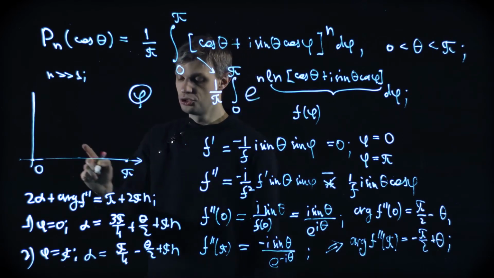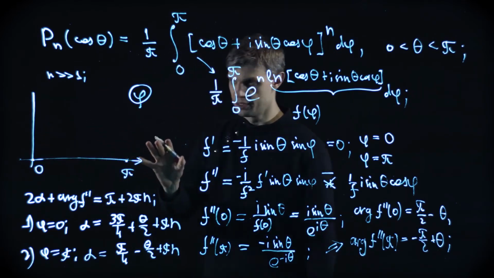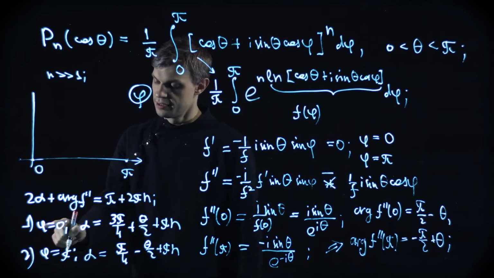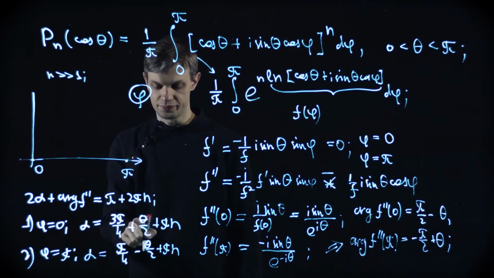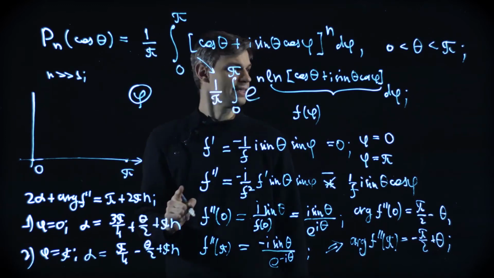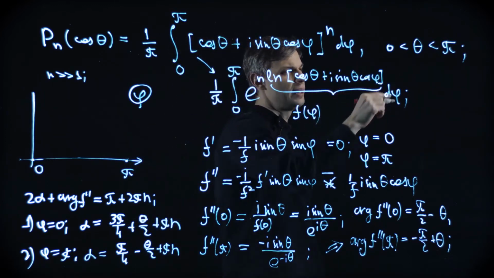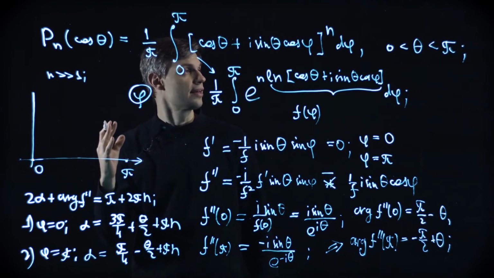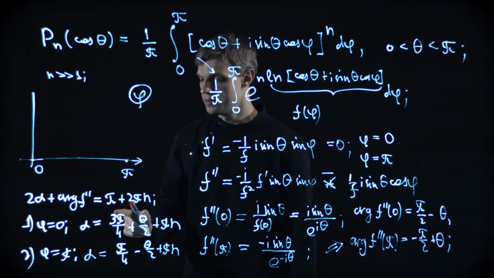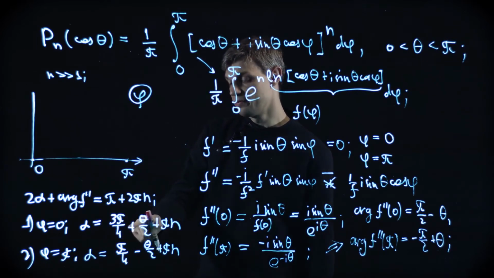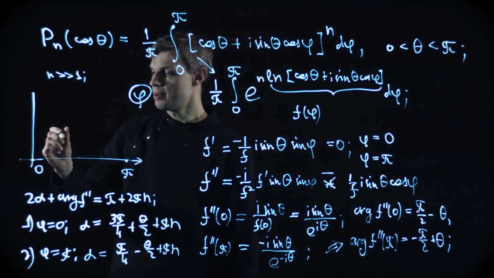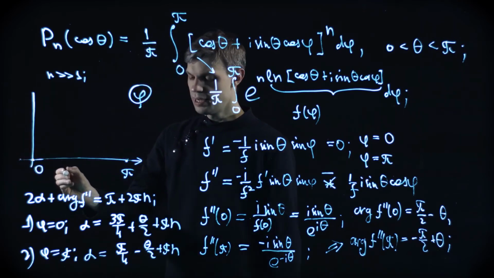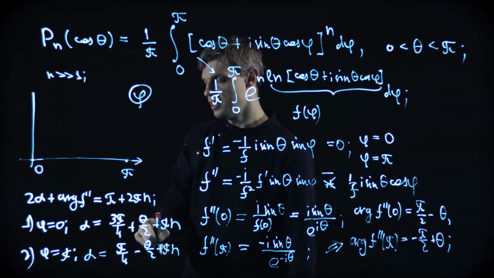Right, so let's draw these directions on the complex plane of this phi parameter. First, phi is equal to 0. So this is our direction. Theta is arbitrary, it changes from 0 to pi. Let's assume, just for concreteness, that theta is somewhat small. So this direction is very close to 3 pi by 4 plus pi n. So 3 pi by 4 is this direction. It goes like that, but we add some small variation, theta over 2.